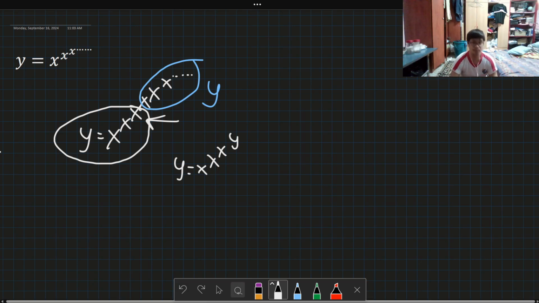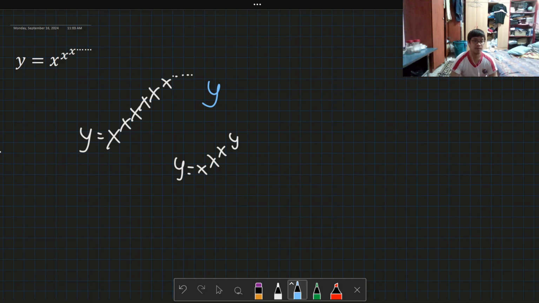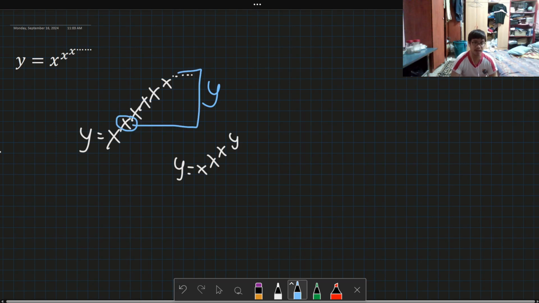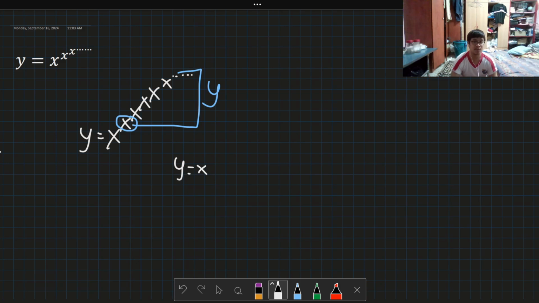Or much better, what if the exponent of your base x here, from this up to infinity, we represent as y. So instead of y is equal to x raised to x raised to x, I can simply rewrite this as y is equal to x raised to y.